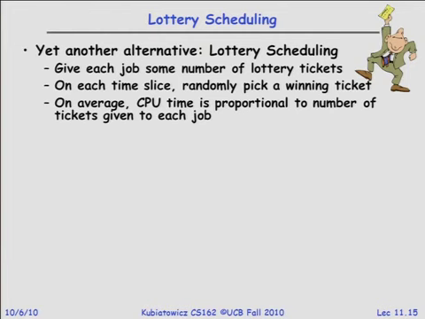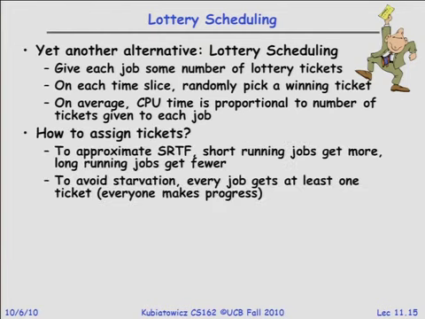Now, how can we assign tickets? To get something like SRTF, we want short jobs to have more tickets than long jobs. And to avoid starvation, we want to make sure that every job gets at least one ticket. Does that make sense to everybody? Of course, probabilistically, this last statement is true.